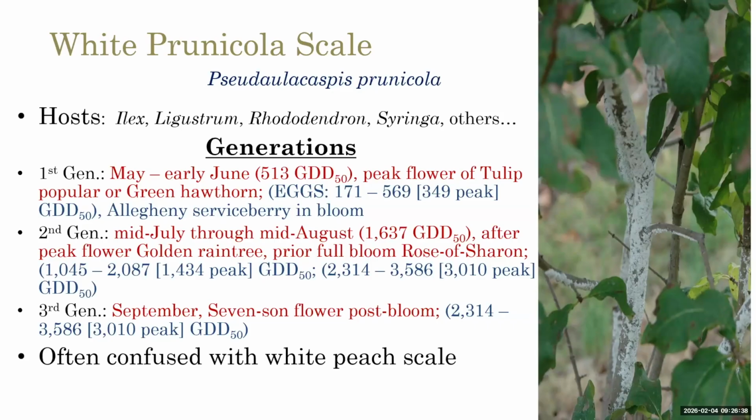produced tissue. This picture on the left, all this white, those are the males. Whether it's on boxwood, or other hosts, if you see this white snowy-like substance on there, you go up and it moves and it brushes off real easily, it's either white peach scale or prunicola scale.